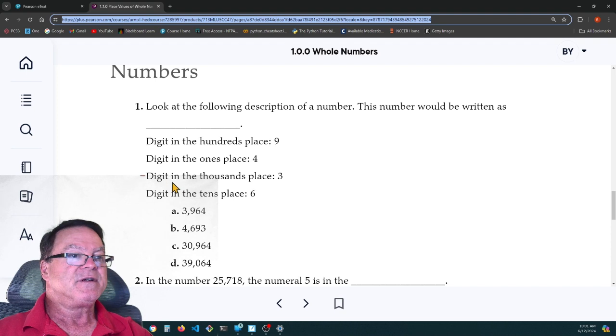The tens place is a 6. So right now it's 64. The hundreds place is a 9. So it's 964. And the thousands place is 3. So it would be 3,964. So A.